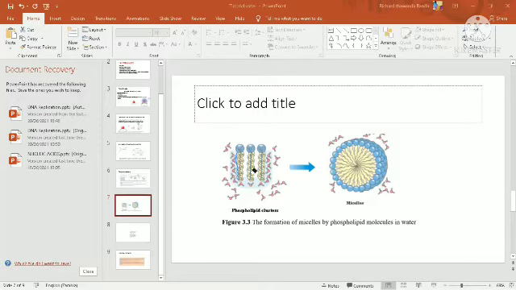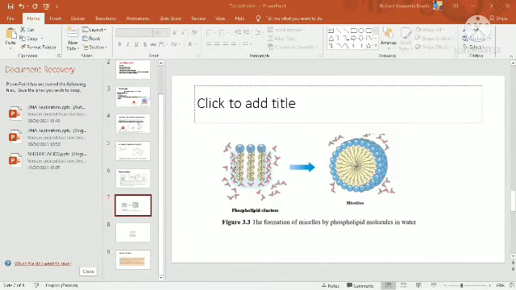So what this simply means is that when you place this substance in water, you have the blue portions there interacting with water, and you have the yellow portions here unable to interact with water.